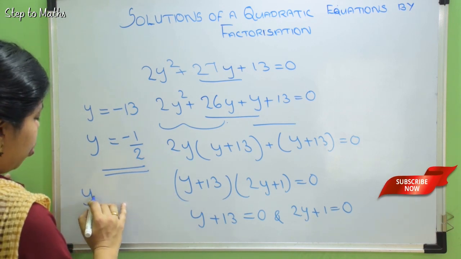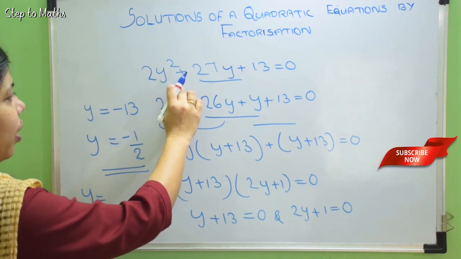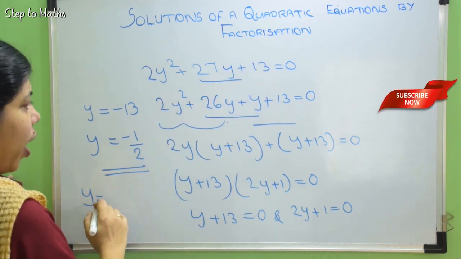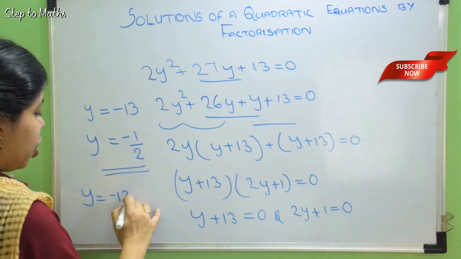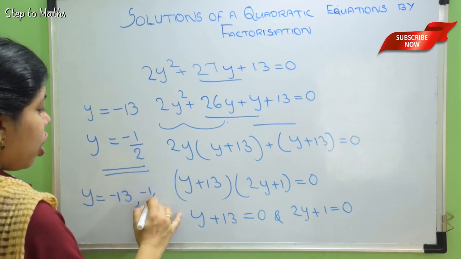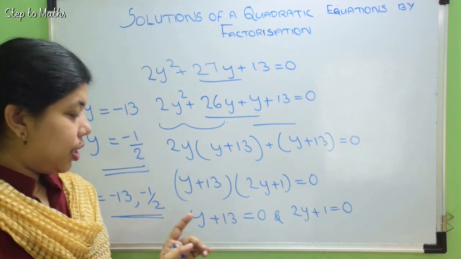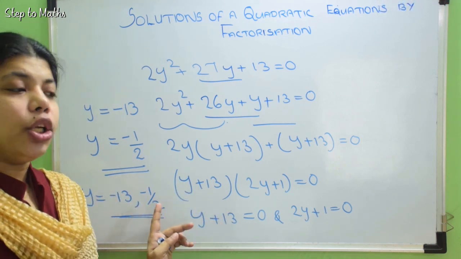The solution of the given quadratic equation 2y square plus 27y plus 13 is y equal to minus 13 and minus 1 by 2.